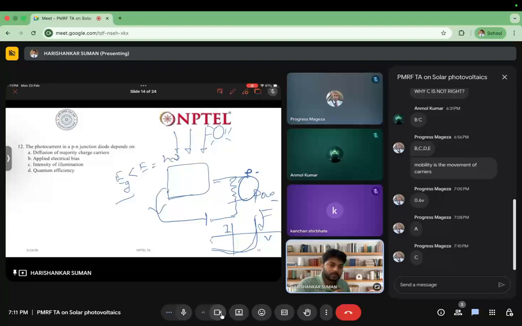Yes, please. Let's say I put 50 photons, the current will be less. If we put 100, the current will be high. So this is intensity dependent. Intensity of the illumination is related to this. And applied electric bias means forward and reverse bias.